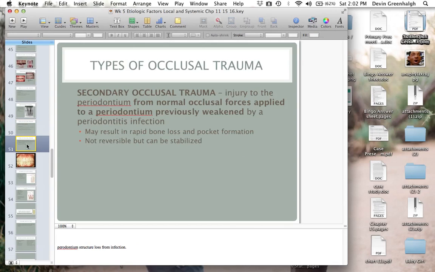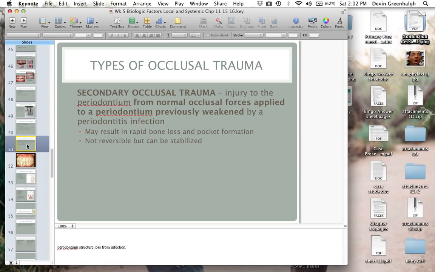And then you have secondary occlusal trauma. This is injury to the periodontium from normal occlusal forces applied to a periodontium previously weakened by a periodontal infection. So, primary occlusal trauma is happening on healthy, normal teeth. Secondary occlusal trauma is occlusal trauma happening to a periodontium that is already weakened by periodontitis.